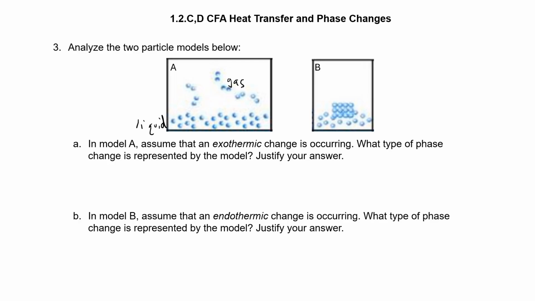All right, since this is an exothermic change, this means that energy will be leaving the system. As energy leaves a gas, it's going to condense. So we now know that we have condensation occurring at this level. All right, so justify our answer. Once again, let's go back to the picture. When an exothermic change occurs, energy is leaving the system.